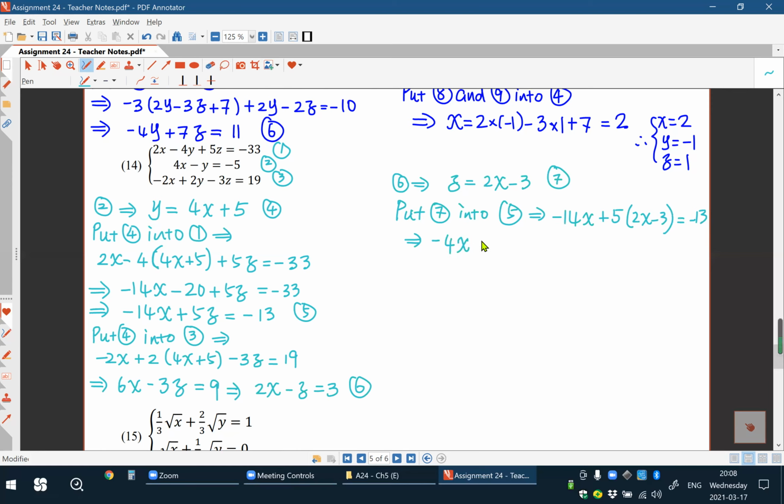4x equals 2. Correct? So of course here we can solve x is minus 1/2. So let's call this 8.